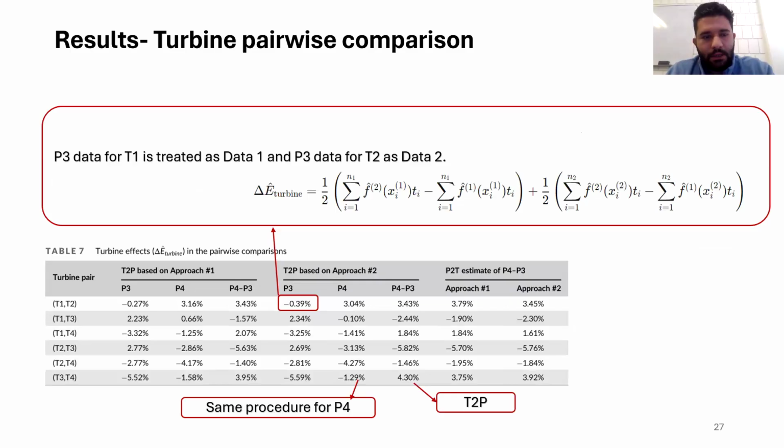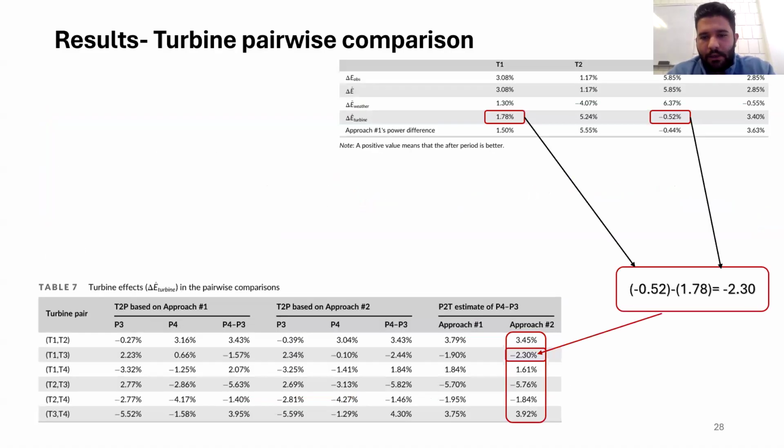So for period 3, as I said, it's just taking the first turbine in the pair as data 1 and the second turbine in the pair as data 2. And then the delta E hat of turbine will become the delta E for P3. And then it can be computed for all pairs, and the same thing can happen for P4. And then subtraction of P4 minus P3 will become the T2P delta E.